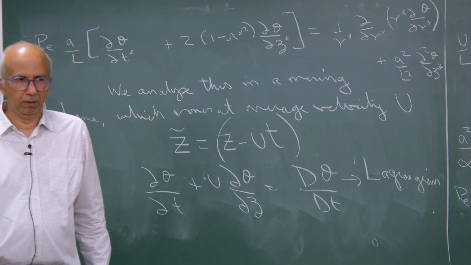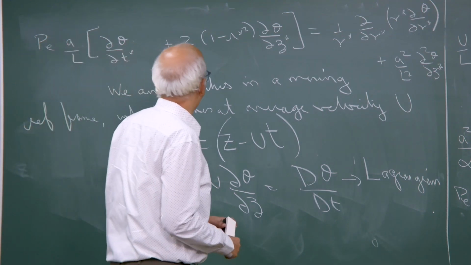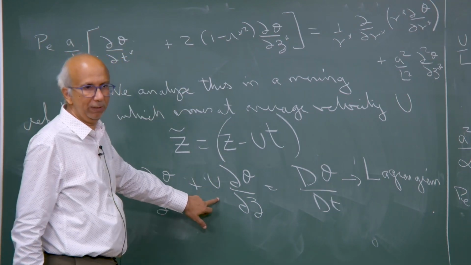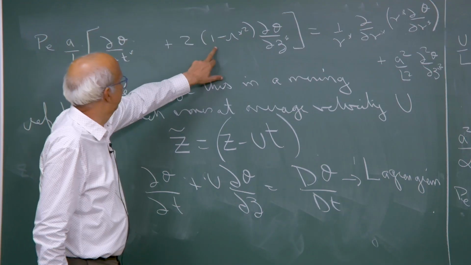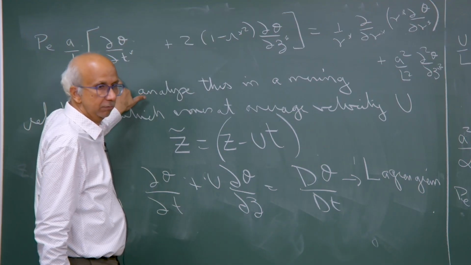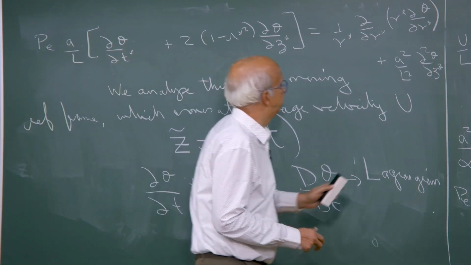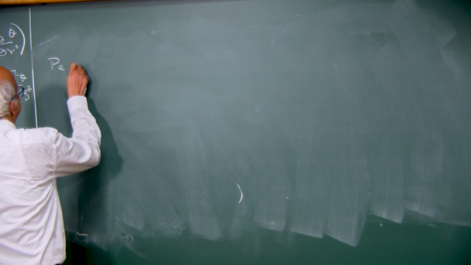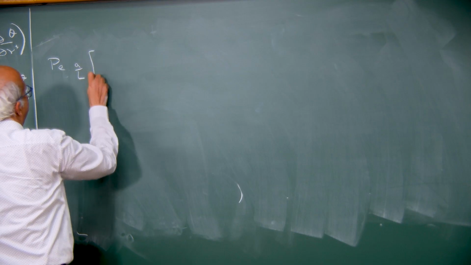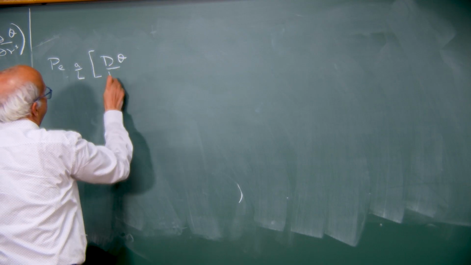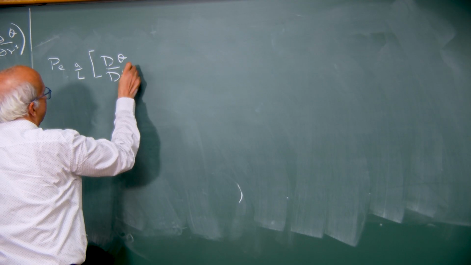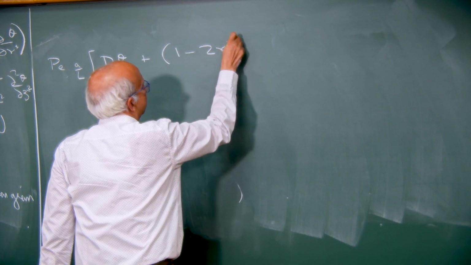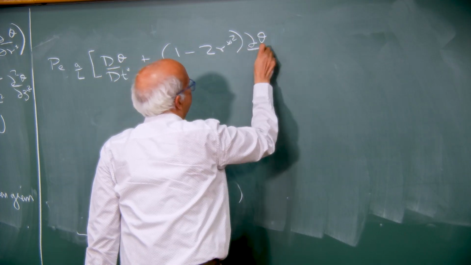Okay. So, what I am going to do is take the dimensionless form, where u becomes 1, and I will take one of these outside. I am going to write this as Peclet times A by L times D theta by dt star plus 1 minus 2 r star squared d theta by dz.